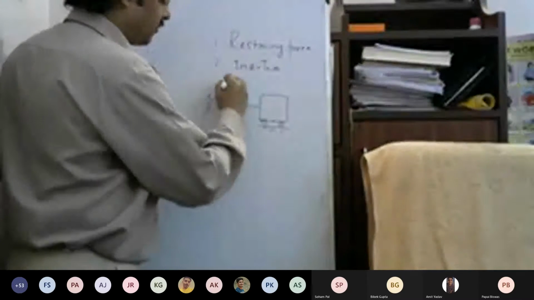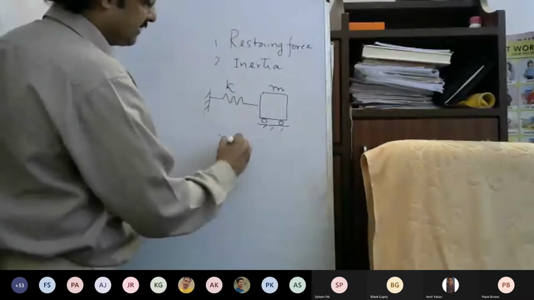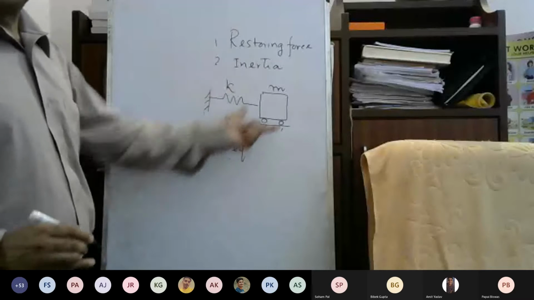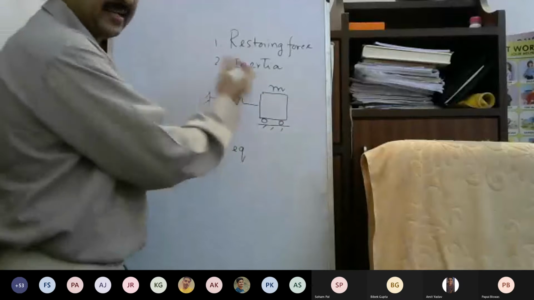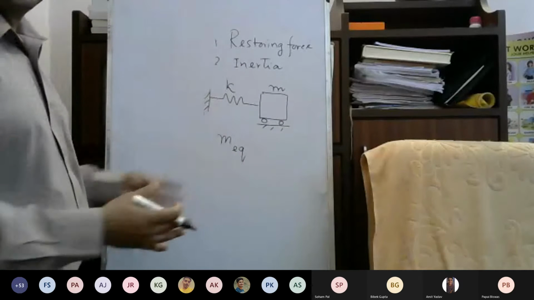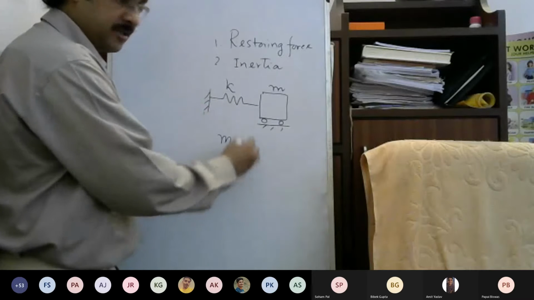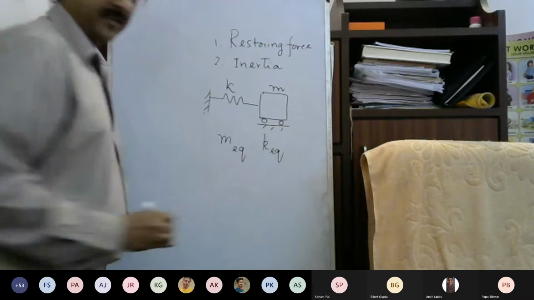What we name a mass is better called an equivalent mass, because there need not be any physical mass like that in the system, just like in the fluid oscillating system which I drew earlier. So this will be an equivalent mass, and there may be an equivalent spring stiffness.